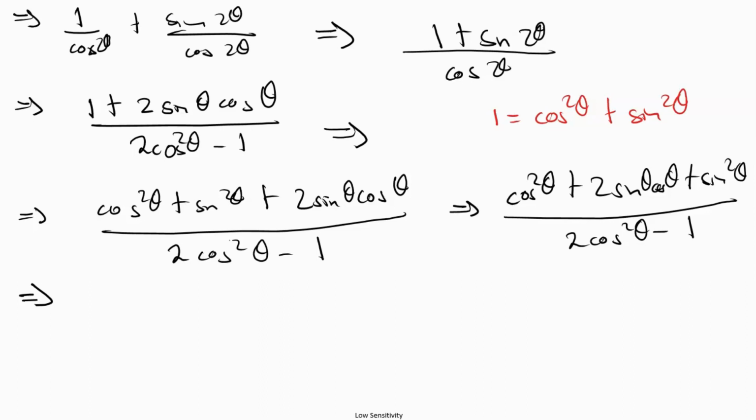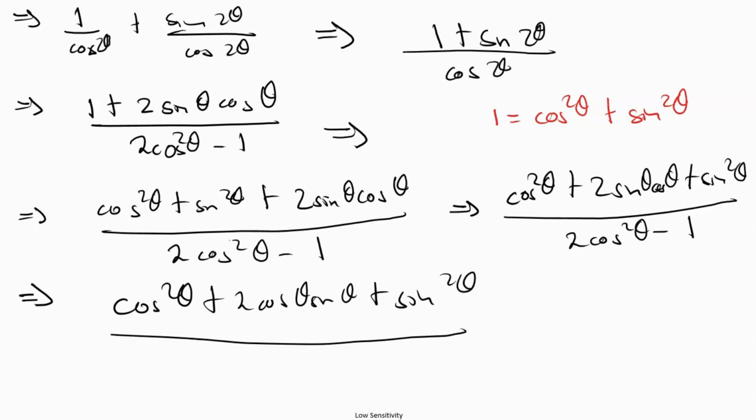Again we have cosine squared theta plus sine squared theta, we have this expression now, 2 cosine theta sine theta plus sine squared theta all over 2 cosine squared theta minus the same thing we did above.